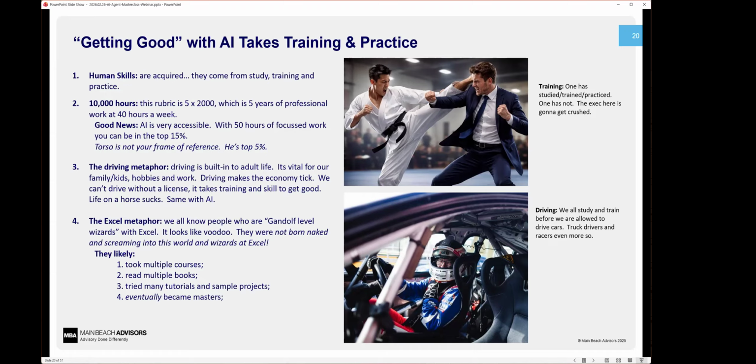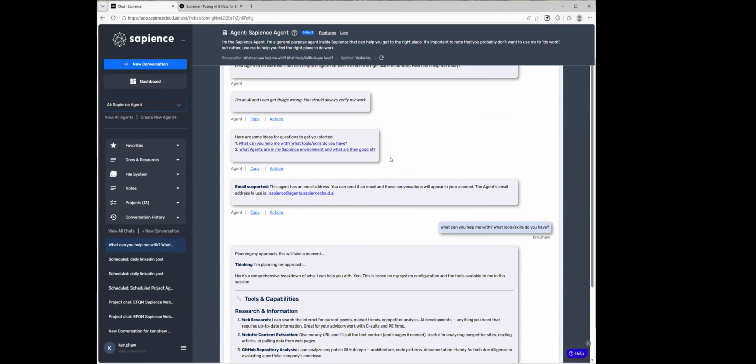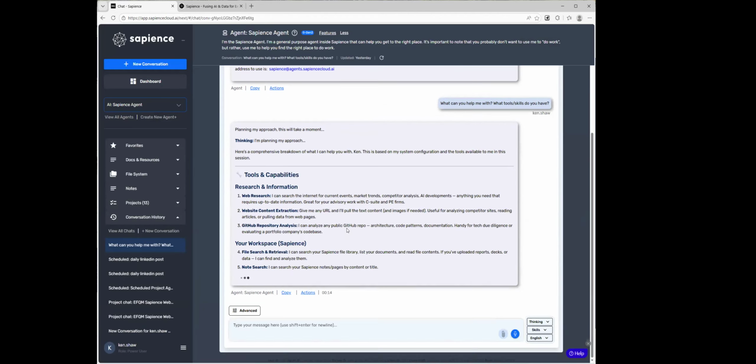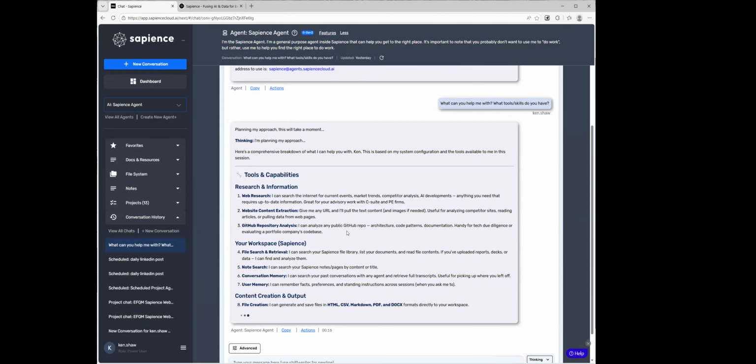Right. Well, the first thing I'm going to do is click on this canned question of, what can you help me with? What skills and tools do you have? At this stage of the demo, we're not yet dealing with a task-specific agent. We're just dealing with a supercharged version of ChatGPT, if you will, but in this case, powered by Claude Opus. And you can see all these things that it's starting to tell me it can do.